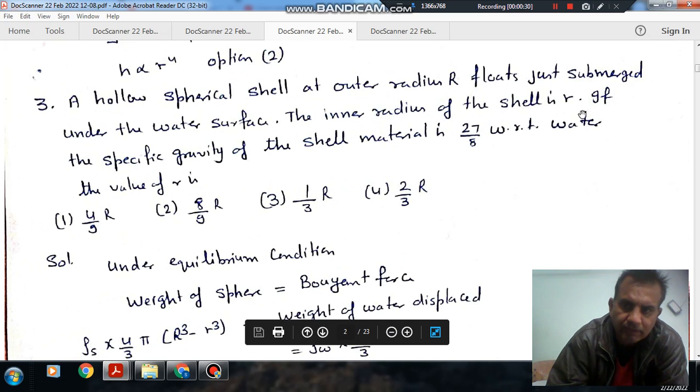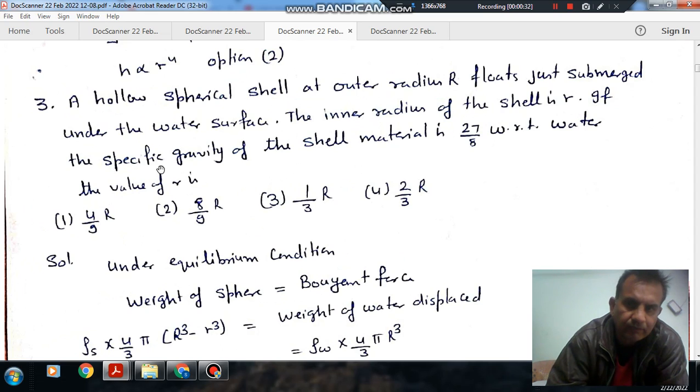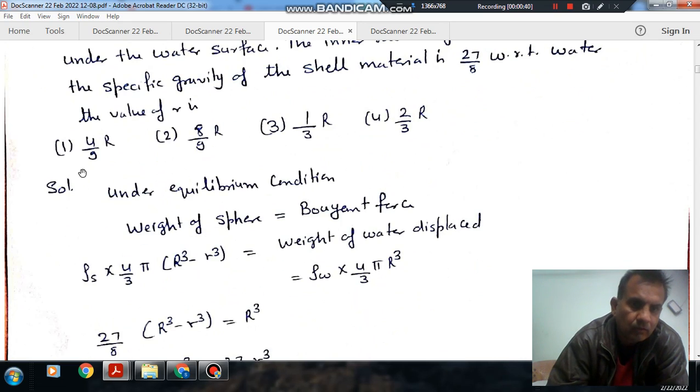The inner radius of the shell is r. If the specific gravity of the shell material is 27 by 8 with respect to water, the value of r is: 1) 4 by 9 R, 2) 8 by 9 R, 3) 1 by 3 R, 4) 2 by 3 R.